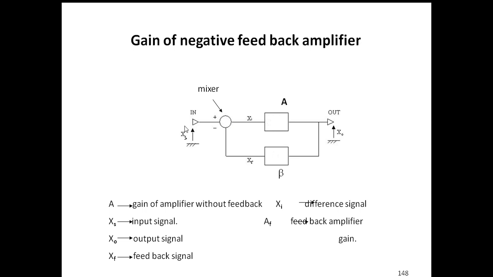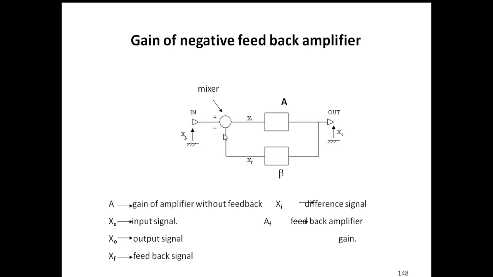Here the input is applied at the input terminals and ground terminal. This is the input signal, the source voltage Vs. This flows through the mixer network, where the feedback signal is also coming. Since it is a negative feedback amplifier circuit, these two are out of phase.